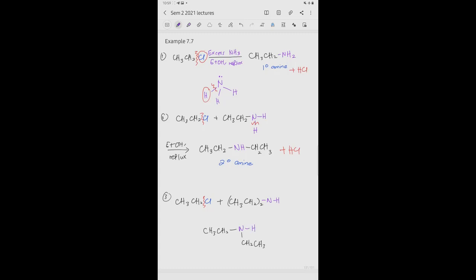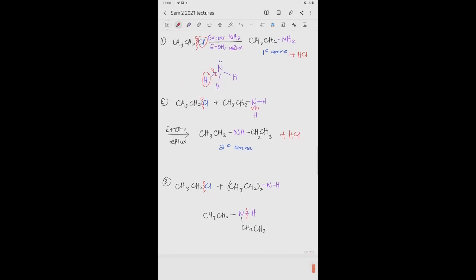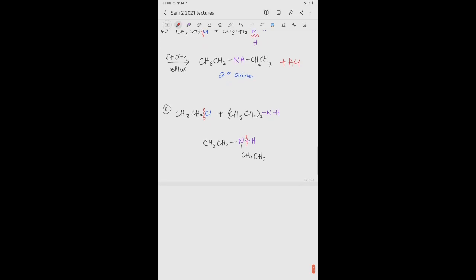And N has one more H. So the bond will break between N and one of the H, and if you refer to here, we can draw the product.